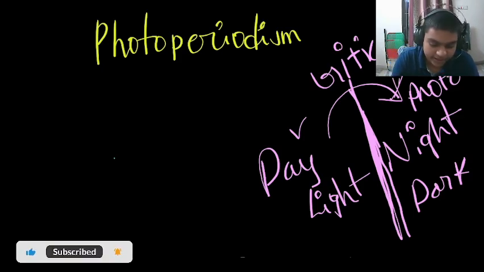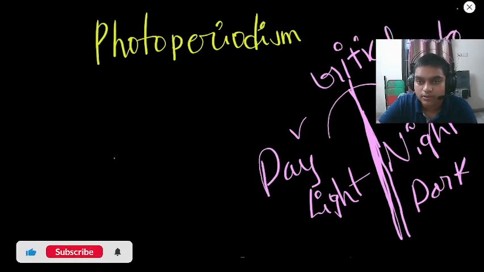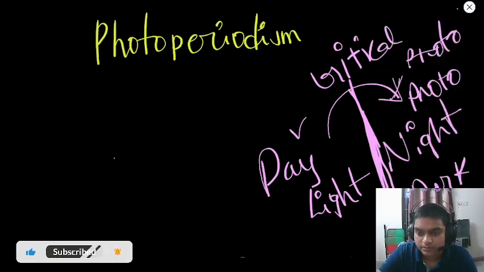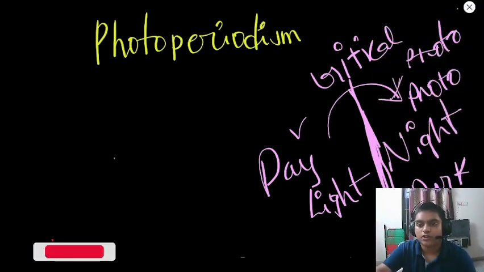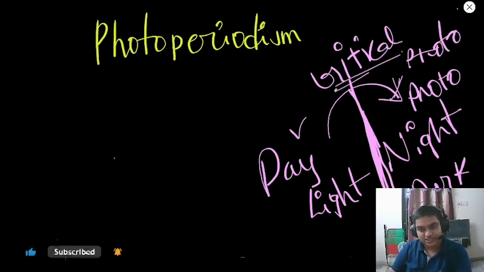I am not writing anything, just wait. Now see, it is called the critical photoperiod. This line is a shifting.